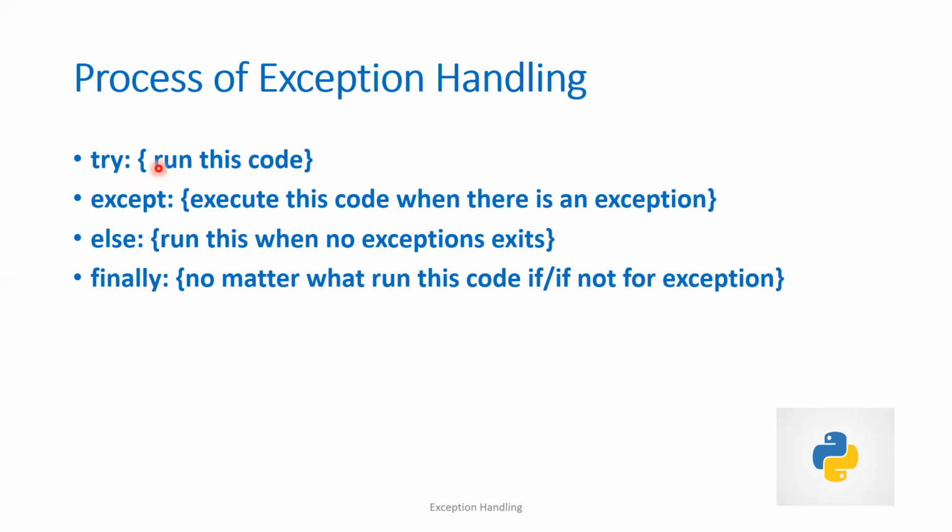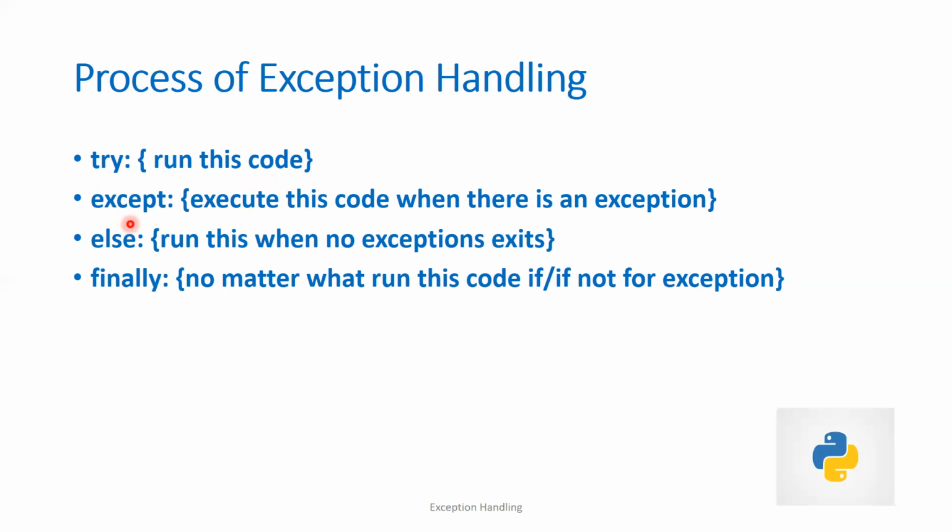So what is the functionality of this block? Inside this try block, we write code and run it, and we are checking whether there is an exception inside the code or not. We just run whatever code I write in the try block.